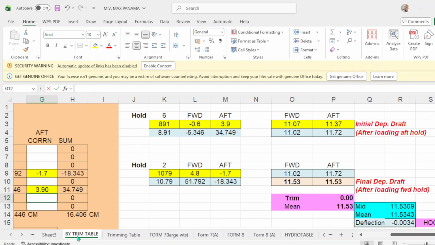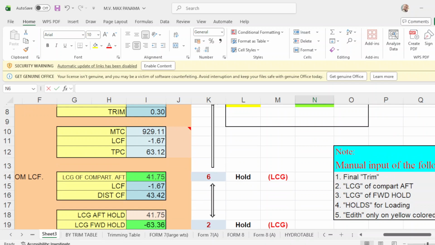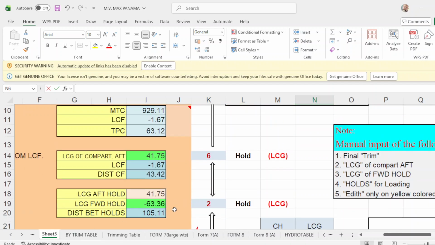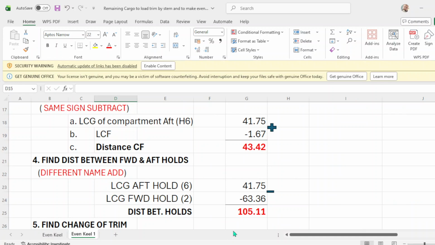Hold number 2 is 6336 LCG. Okay. Different name, you add, that will be distance between holds is 105.11.